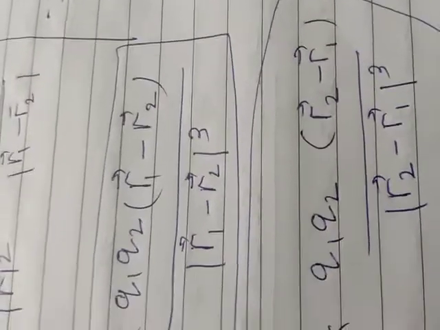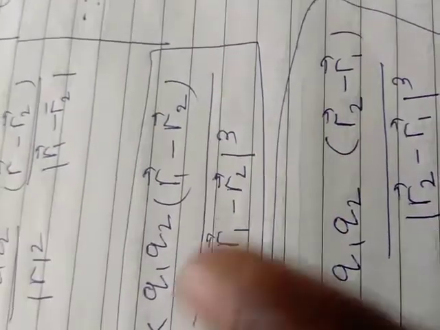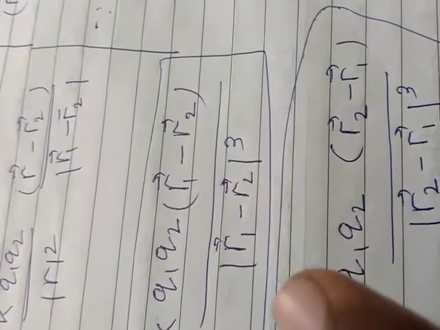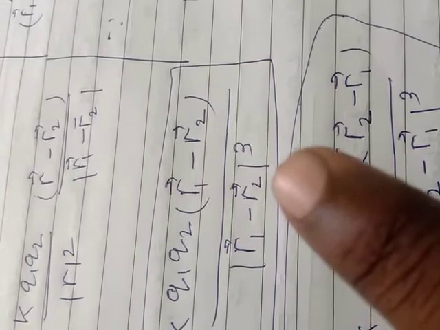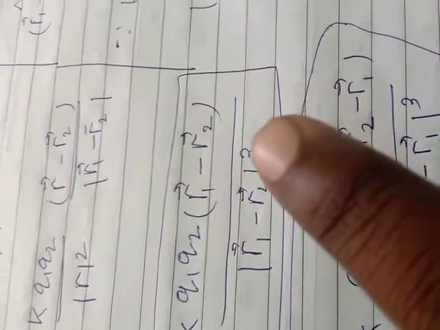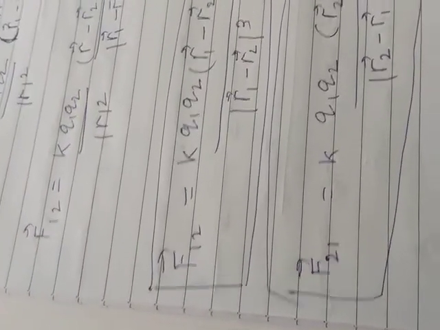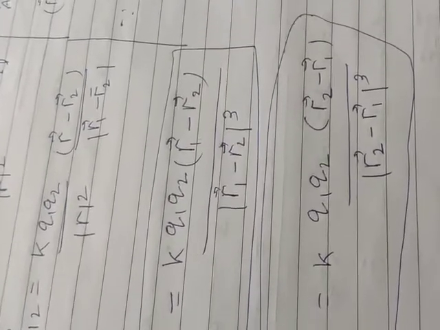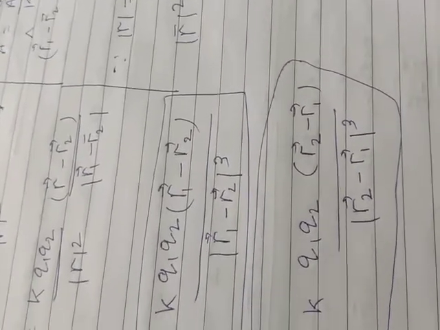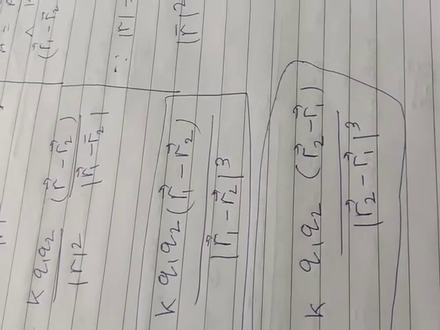So here we get k q1 q2 times r1 minus r2 by modulus r1 minus r2 the whole to the power 3. Similarly, if we have to write the value of F21, this is equal to k q1 q2 times r2 minus r1 by modulus r2 minus r1 the whole to the power 3.